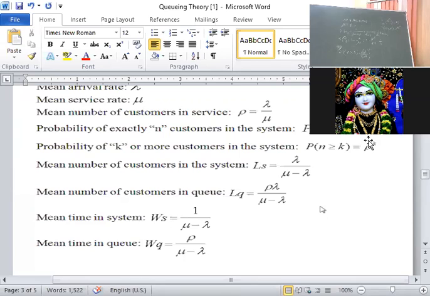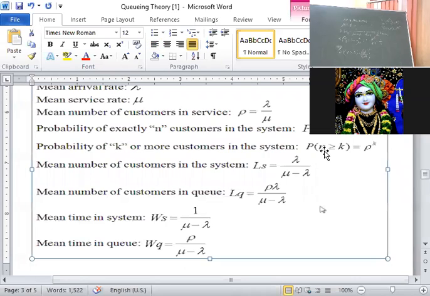Yes, ma'am. Ma'am, is the probability of n greater than or equal to k the formula for the queuing or the waiting line only? Because I think that's why we have taken it here. Again, ask, Saurabh. Is the probability of n greater than or equal to k the formula for the waiting line in general?